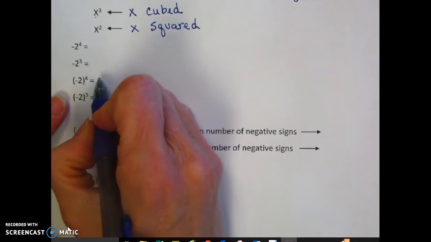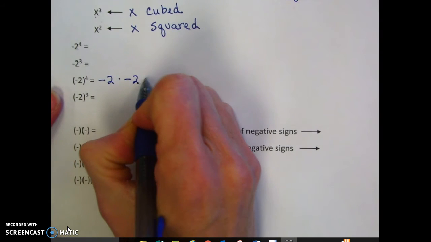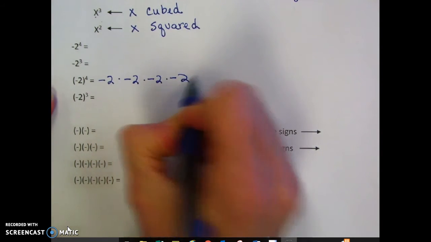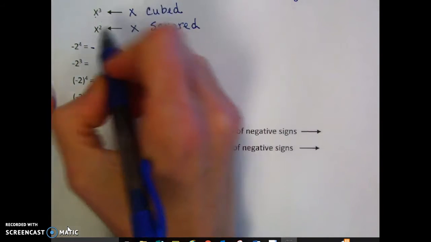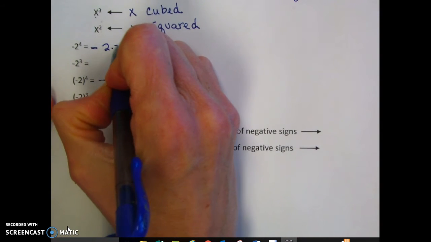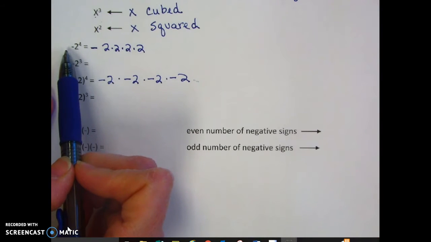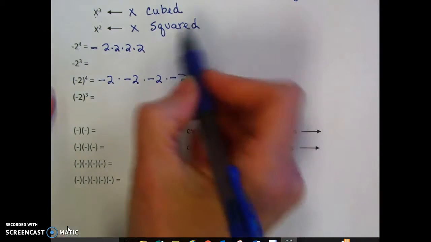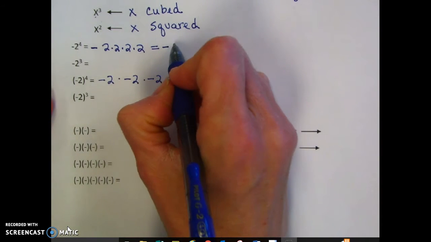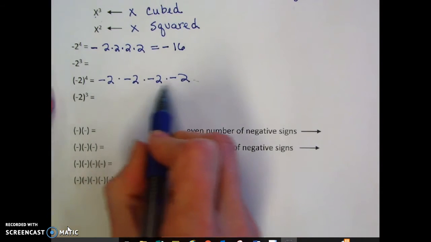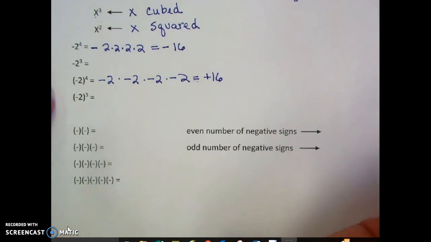So in this case, we have negative 2 times negative 2 times negative 2 times negative 2. Up here, we have one negative sign with 2 times 2 times 2 times 2. The negative sign up here is not being raised to the 4th power. So our answer up here, if we were to work this out, would be a negative 16, whereas down here, if we work this out, we end up with a positive 16.